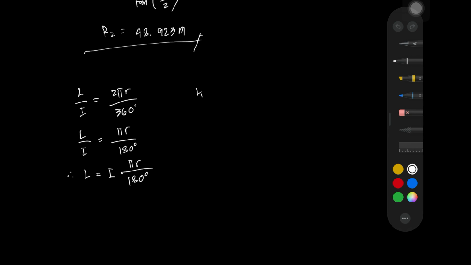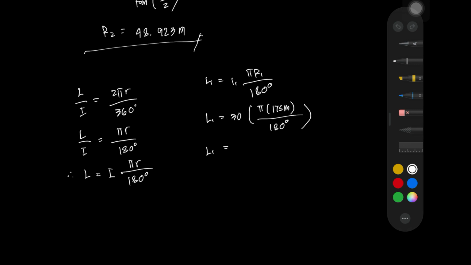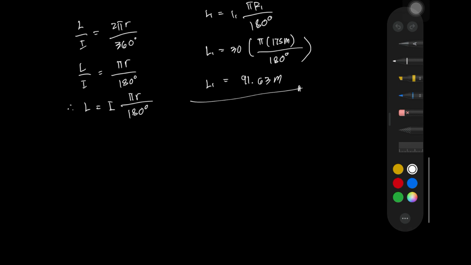To get L1, we have L1 is equal to I1 multiplied by pi R1 over 180 degrees. So L1 is equal to 30 multiplied by pi times 175 meters over 180 degrees. So we have L1 is equal to 91.63 meters. Same goes for L2.